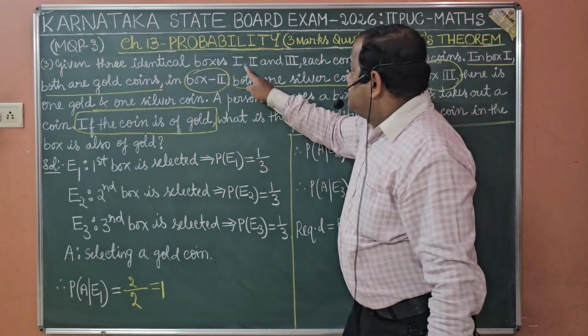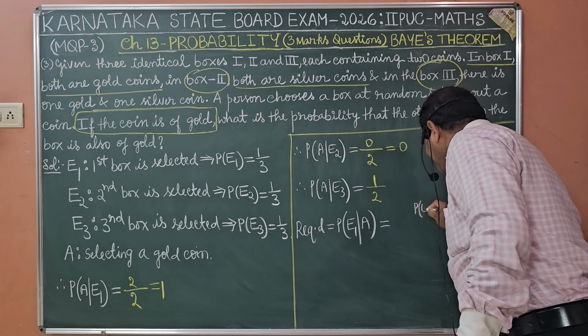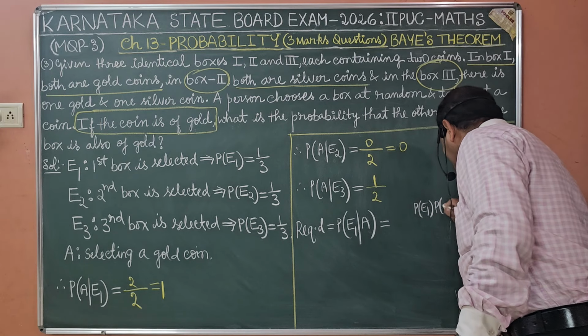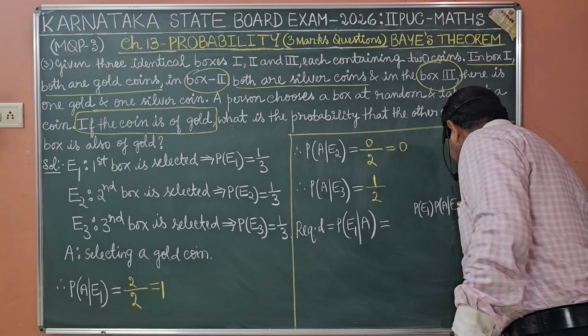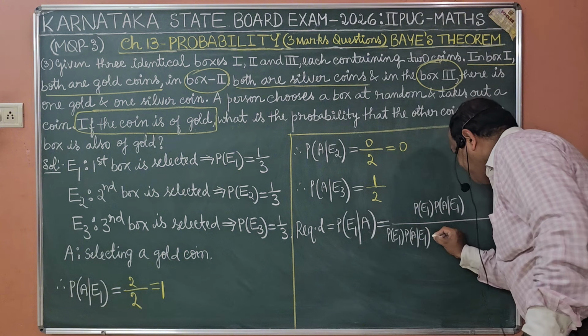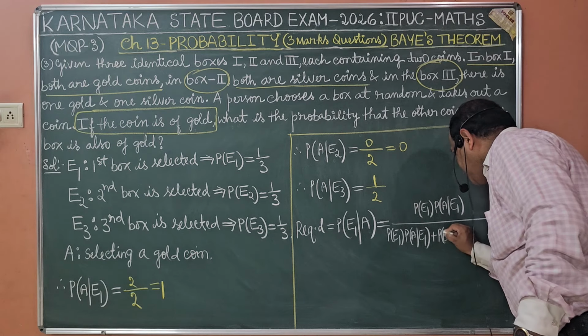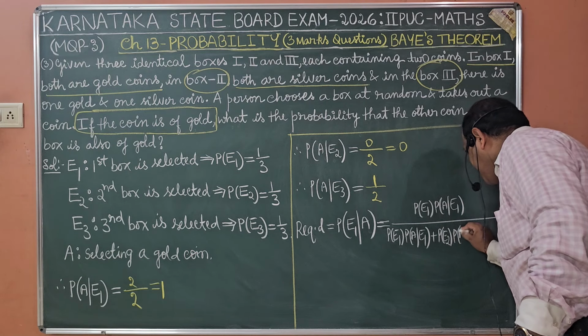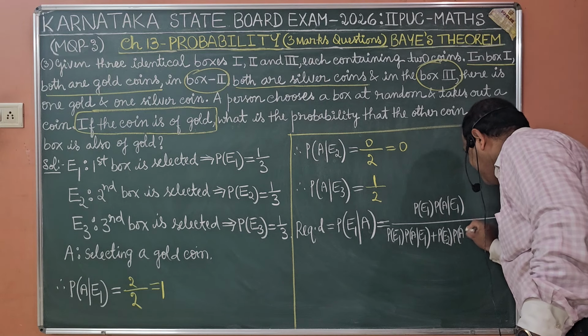And let me write the formula. It is P of E1 into P of A given E1 in the numerator, and the denominator is a little bit lengthy sum: P of E1 into P of A given E1, plus P of E2 into P of A given E2, plus P of E3 into P of A given E3.